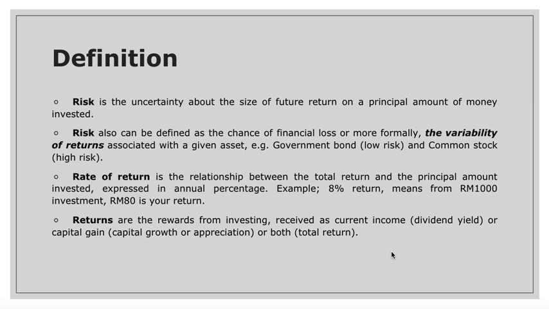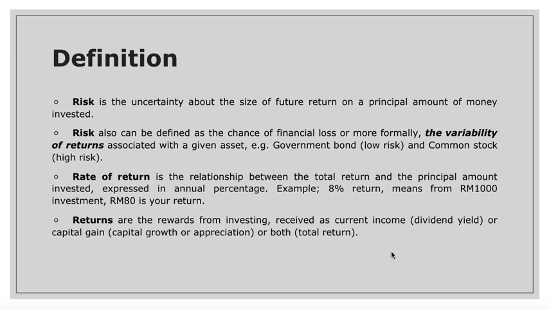For example, the government bond has a low risk, because it is guaranteed by the government to pay the bondholder the return of the fixed income security. While the common stock is a high risk investment because we don't know yet how much return we will get from the investment.